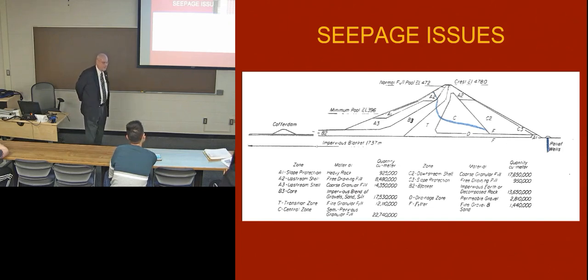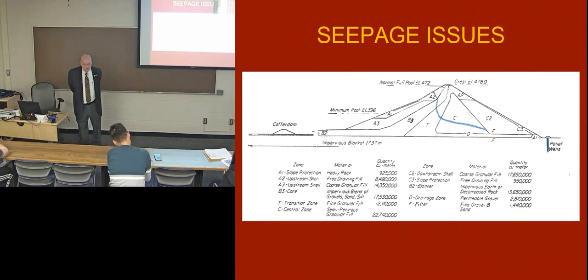But it turned out for the design of this dam, it is a critical feature. In any case, again, we see the segments in the dam. And down here is described what they're made up of. B3, the core, impervious blend of gravel, sand, and silt. Well, that's an oxymoron. Impervious gravel? No way. But it's less pervious than the rest.